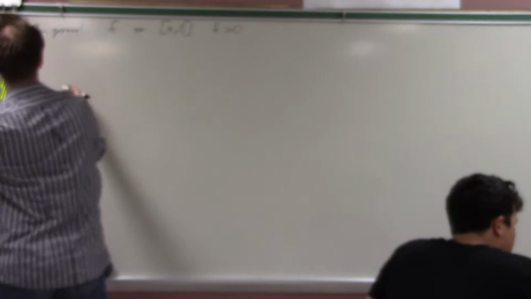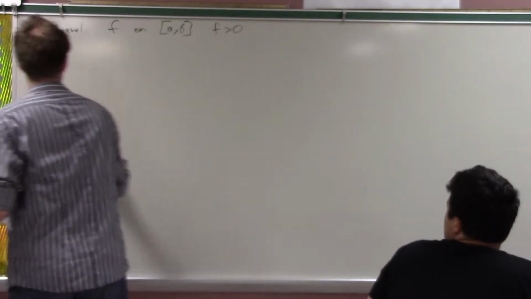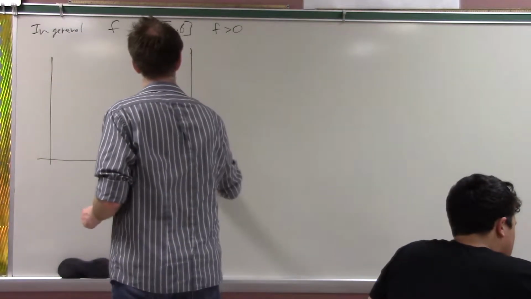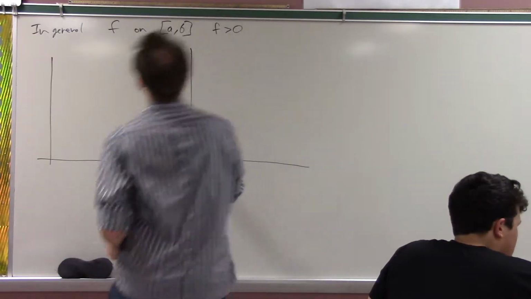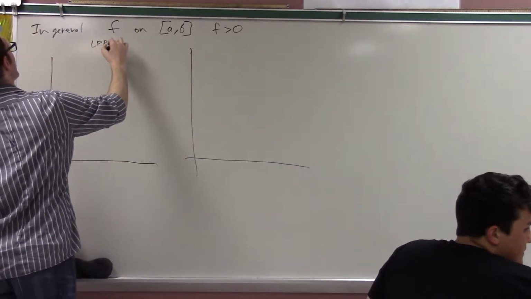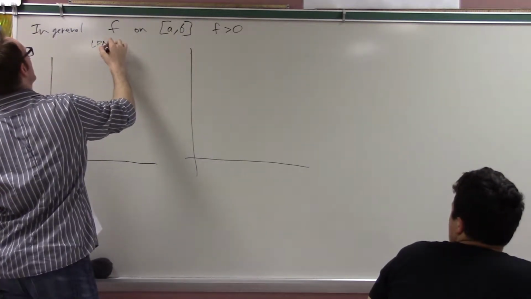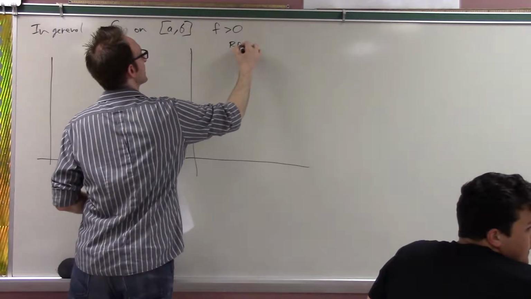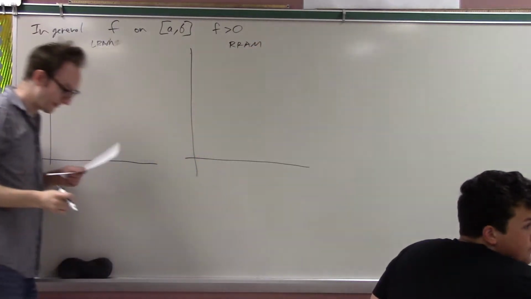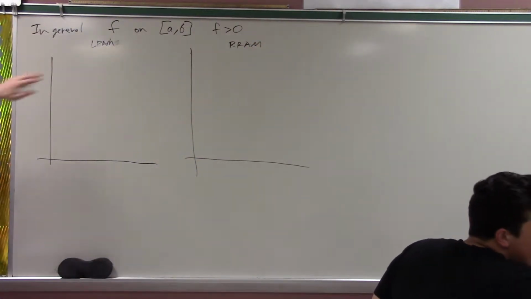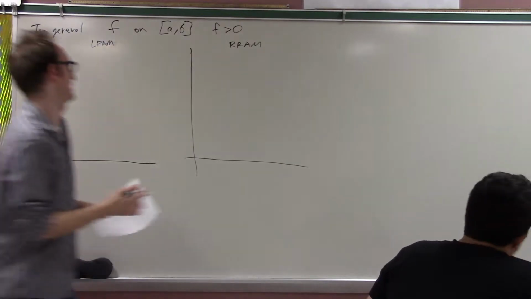Let's do it. I'm going to first do this with LRAM, and then with RRAM. So this is the LRAM method. And here I'm going to do RRAM. Maybe I'll do this one first.